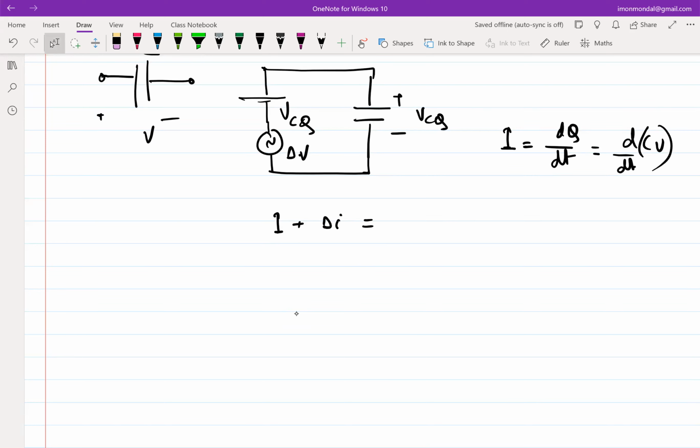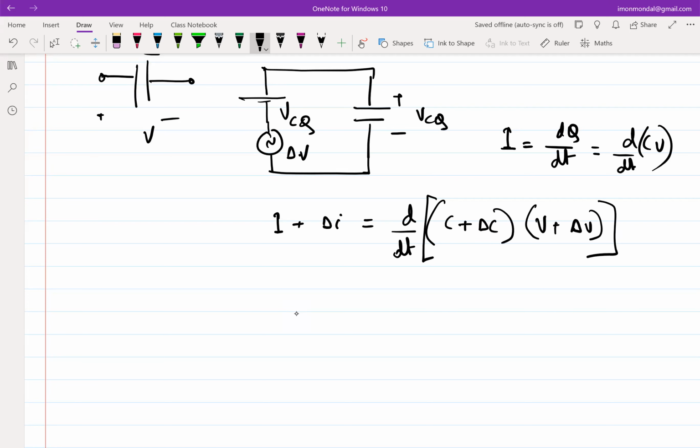similarly, if a capacitor is supposed to be nonlinear, what would it mean? The value of the capacitance will vary with the voltages applied across it, right? So in that case, if I apply delta V, naturally the capacitance will change from C to C plus delta C, and the voltage naturally changes from V to V plus delta V, right?